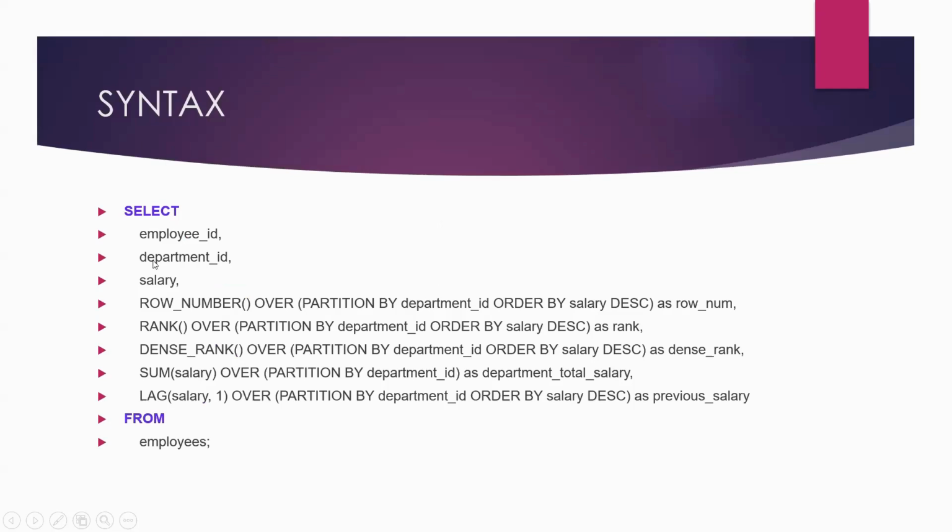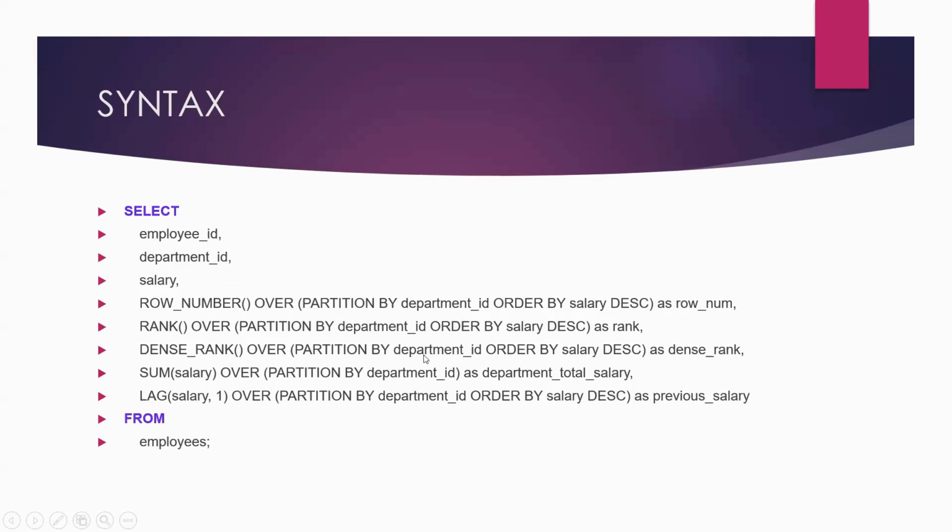Then what is the syntax of a window function? Select employee ID, department, salary, row_number over partition by department ID order by salary descending, meaning largest to smallest, as row number. If you want rank, you need to write rank over partition by department ID order by salary descending as rank.